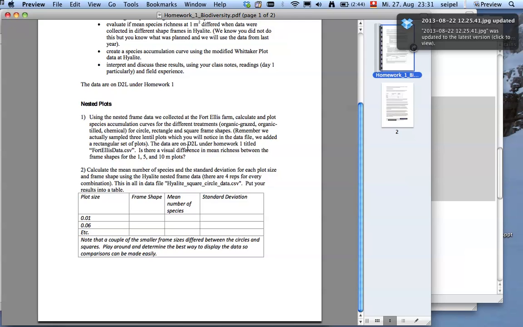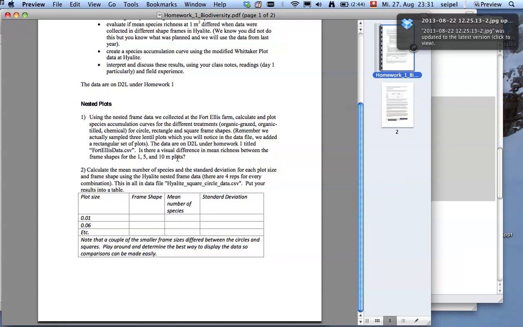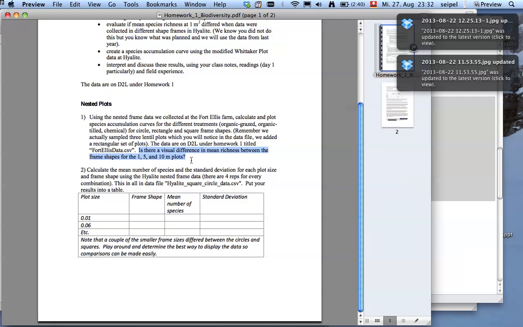So you can evaluate whether there's mean species. The second part of the question is to evaluate, is there a visual difference in mean richness between the frame shapes for 1, 5, and 10?